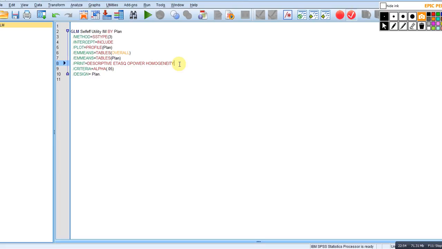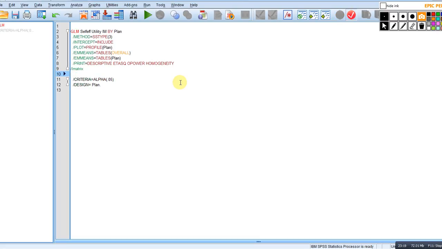If you go to the syntax that was generated by clicking the paste menu option, what you can do is just use the L matrix command in order to carry out that comparison. So I'm going to type \L matrix, and next I'll type in the name of the independent variable, which is plan.